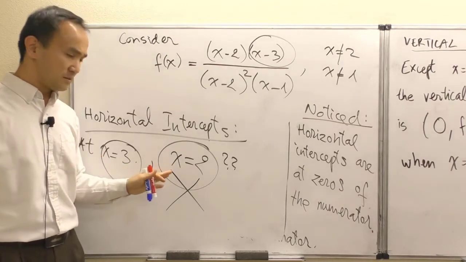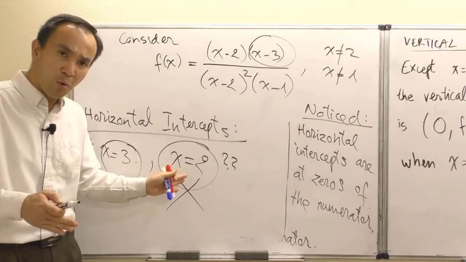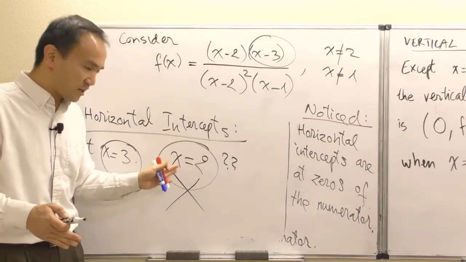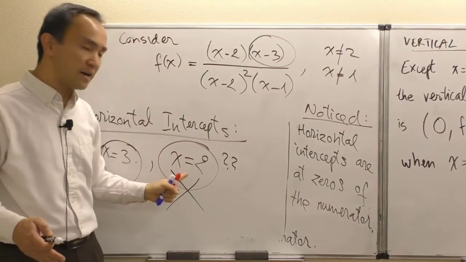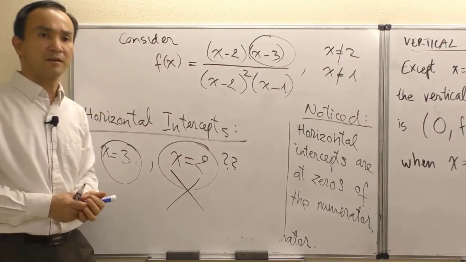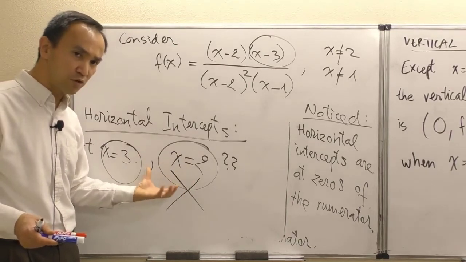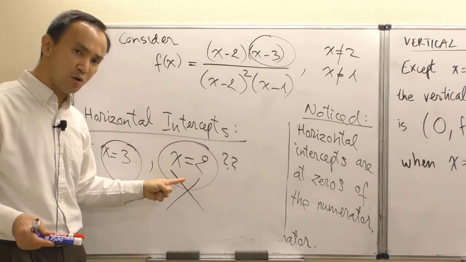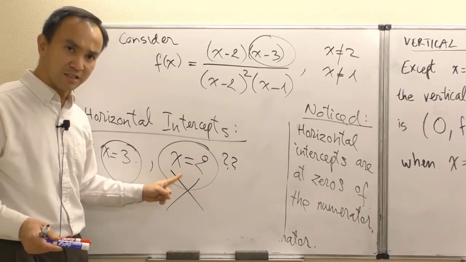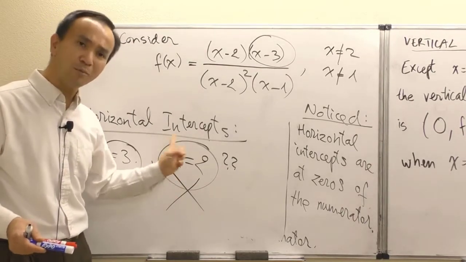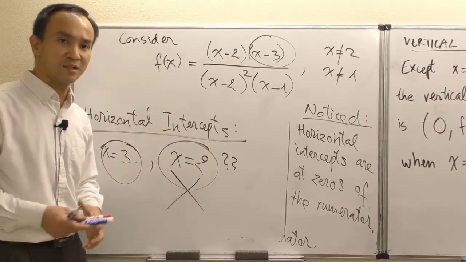But in the end, hole or vertical asymptote, at this point we are at a 0 for the denominator. So this point, which we recognize as a 0 of the numerator, is now also a 0 of the denominator. And that's one more time the reason we could not take this as a horizontal intercept.